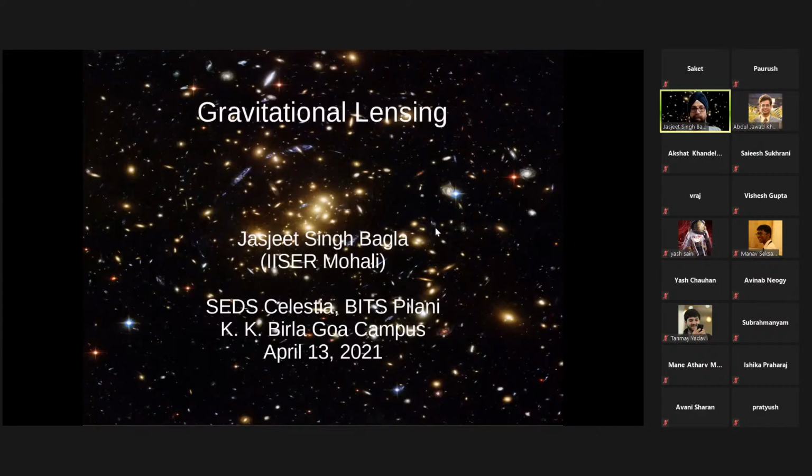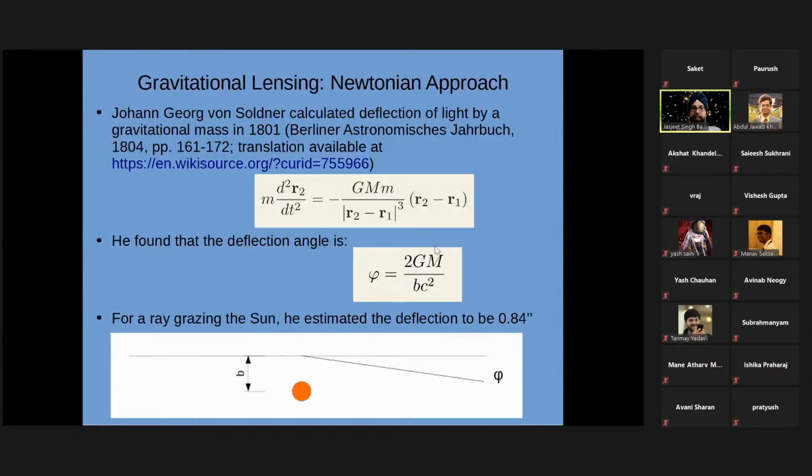All right. So the first analysis of bending of light by gravity was done by Soldner, more than 200 years ago. At that stage, he used Newtonian gravity, and he made use of the fact that the mass of the moving particle drops out of the equation thanks to the equivalence principle.